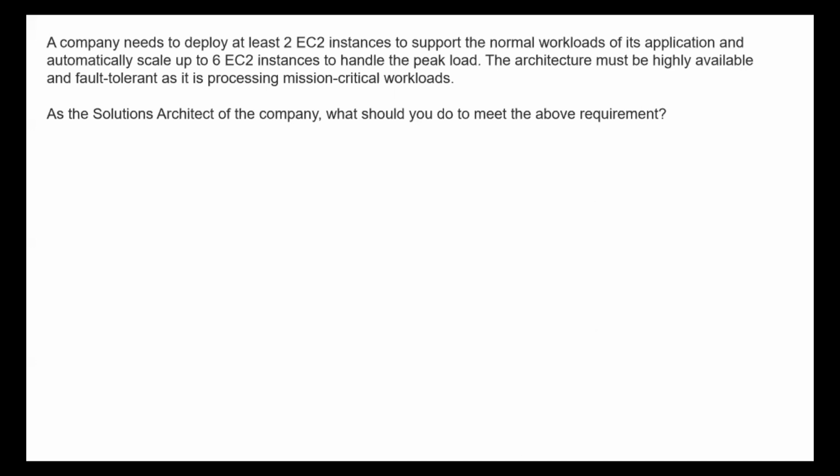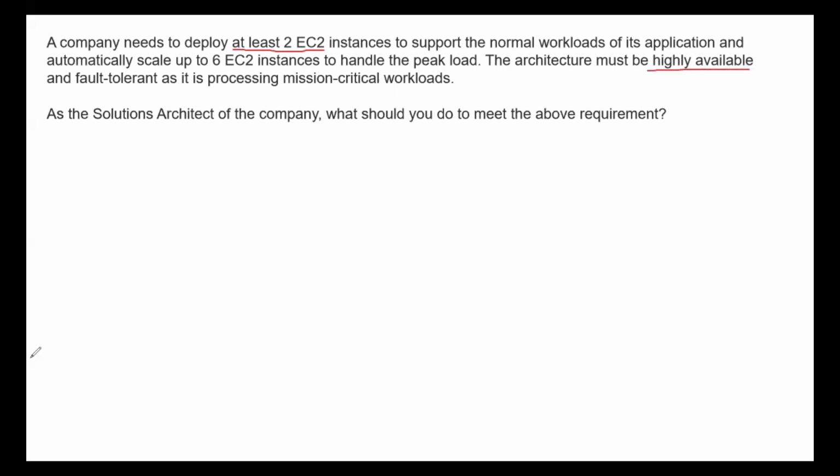The architecture must be highly available and fault tolerant as it is processing mission critical workloads. So now what are all the keywords here? The company needs to deploy at least 2 EC2 instances, and it should be a highly available architecture.